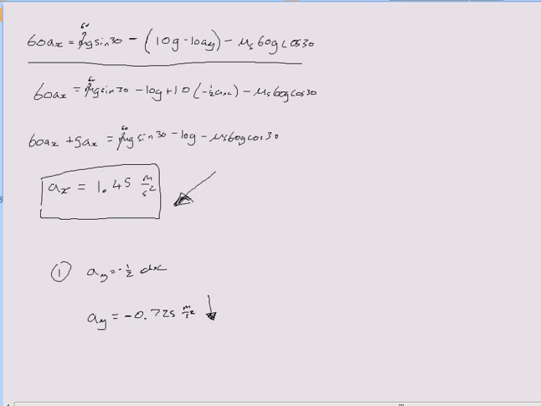But we know that a negative acceleration downwards is the same as a positive acceleration going upwards. So in other words, the acceleration of our 20 kilogram block, which I'll denote as a20, is going to be equal to 0.725 meters per second squared directly upwards.